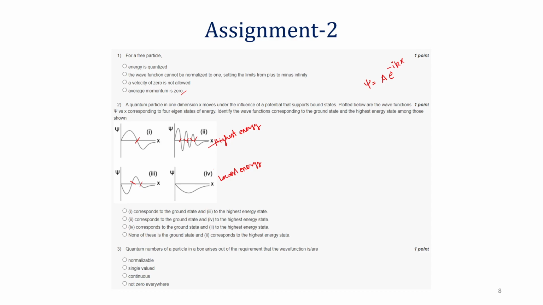So the average should be 0. Don't you think so? I don't know. The average should have been 0 if you compare it with the previous example of the particle in a box. Forget the math part; the logic is that the directions are different. It moves in both directions, so the average velocity should be 0.